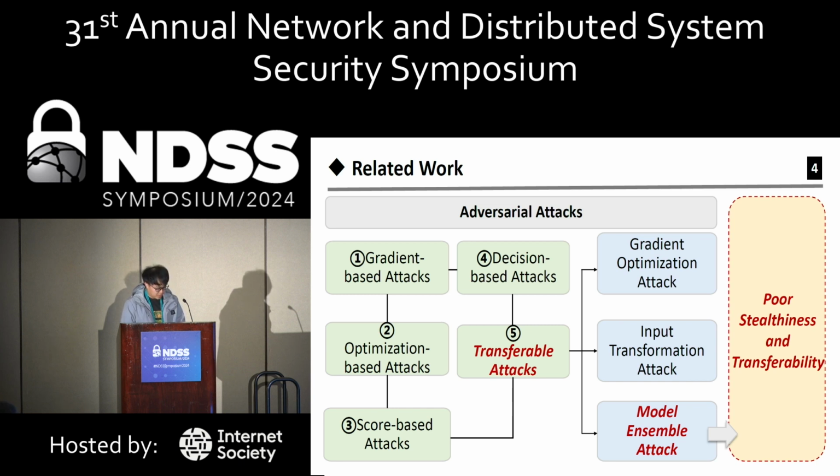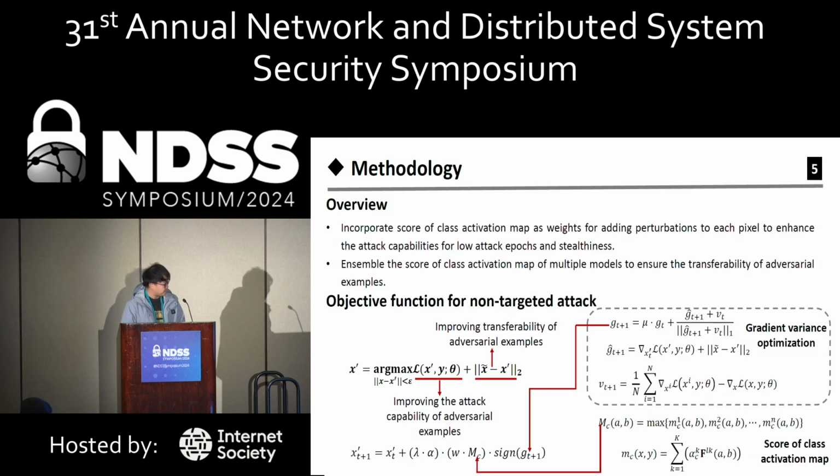However, these methods add perturbation to all pixel locations in the image, resulting in generated adversarial examples with poor stealthiness and transferability.